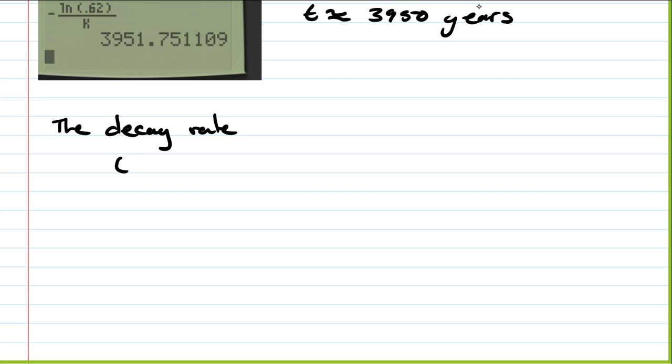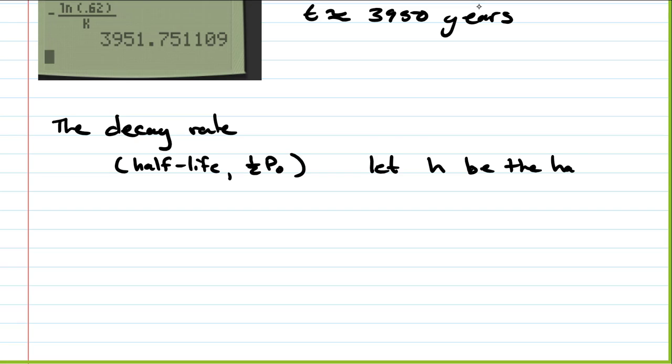So we know we're going to have the point half-life and 50% of P naught, or 1/2 of P naught. So if we let h be the half-life, we would have 1/2 P naught is equal to P naught e to the negative k times h.